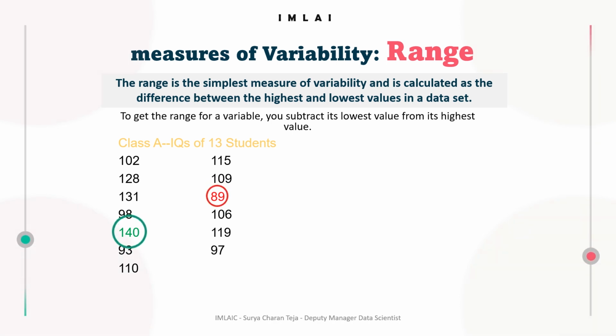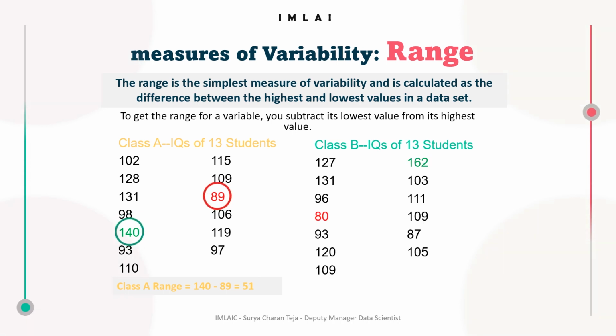Now what is the range of this data set? As per that, to get the range for a variable, we have to subtract its lowest value from its highest value. So class A range is equal to maximum minus minimum, that's 140 minus 89, which is 51.